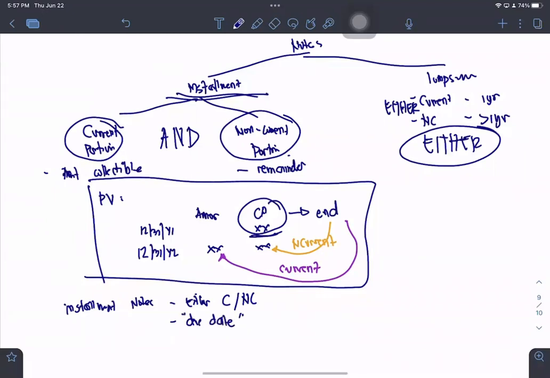Meaning, when the term of our notes is about to end. So let's say our note is 5 years, and it is the end of the 4th year. Therefore, at that 4th year end, you just classify it as current. There is no non-current anymore because after that, it is done. Okay? So, that is for your notes.